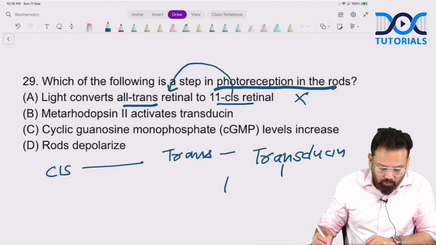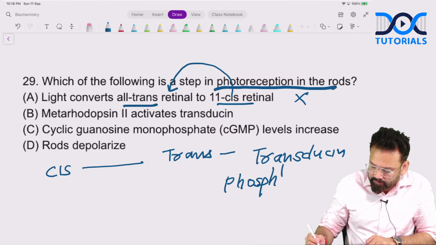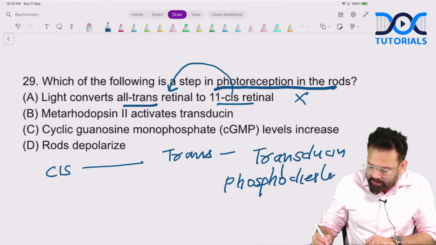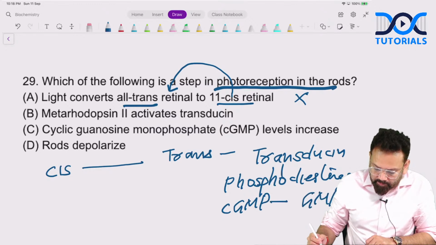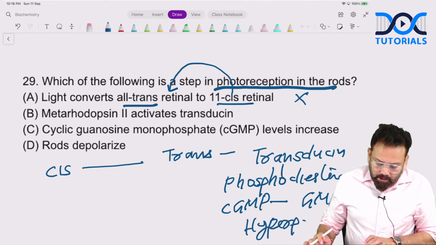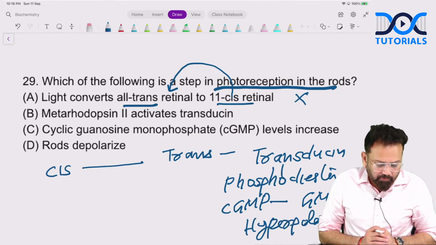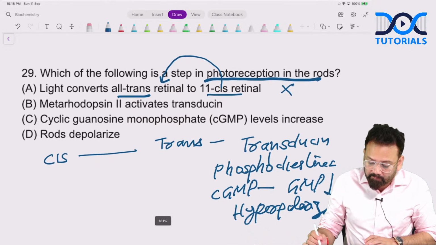Transducin is a phosphodiesterase which converts cyclic GMP into GMP. Cyclic GMP becomes less and the cell will hyperpolarize. Why C? Will cyclic GMP increase or decrease?